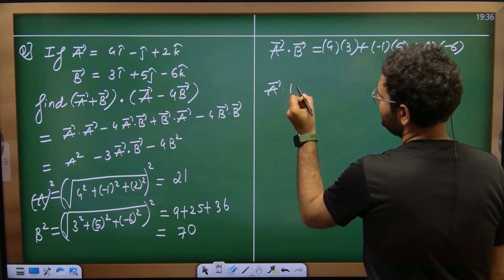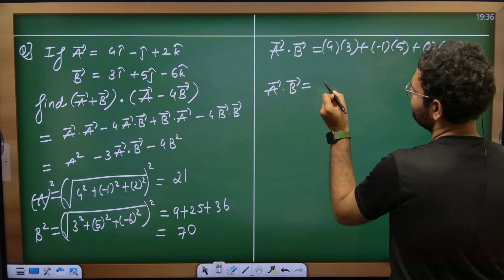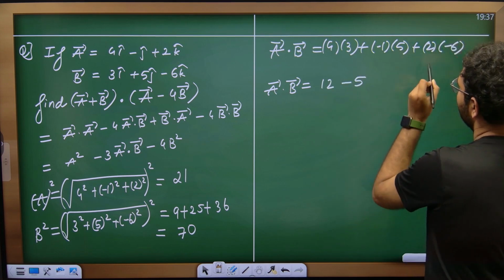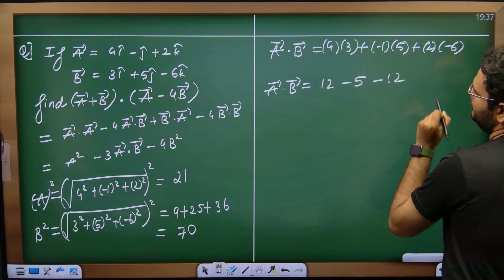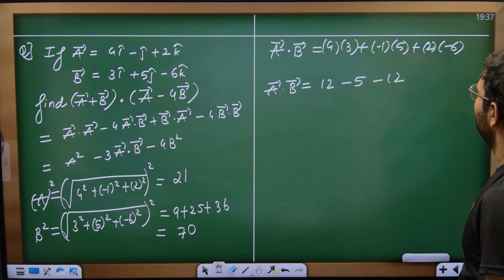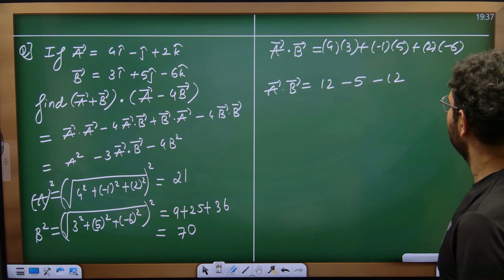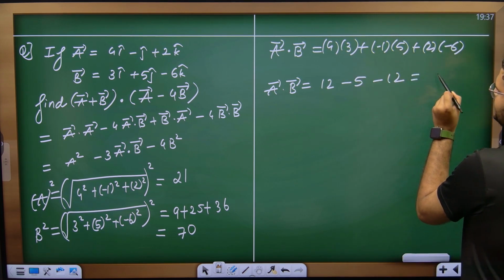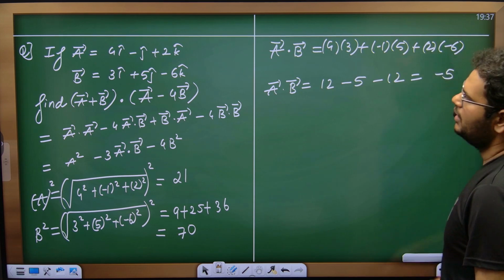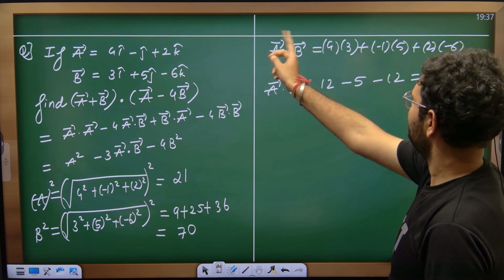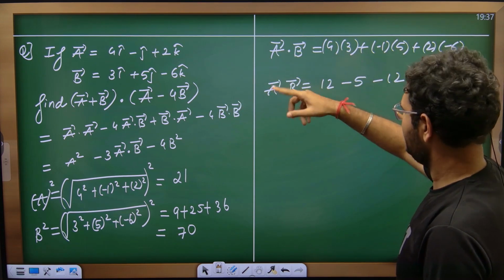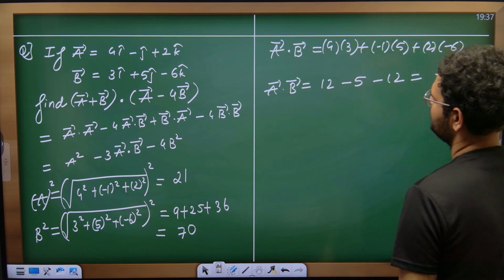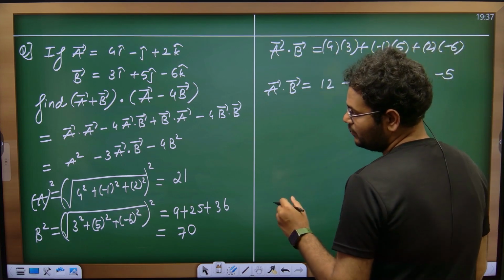A dot B is equal to 12 minus 5 minus 12. Am I correct or wrong? Yes, sir, you are correct. 12 minus 12 minus 5, so it is simply minus 5. Are we committing any mistake? 4 into 3 is 12, minus 5 and minus 12. Okay, sir, no mistake. So finally I want this expression.